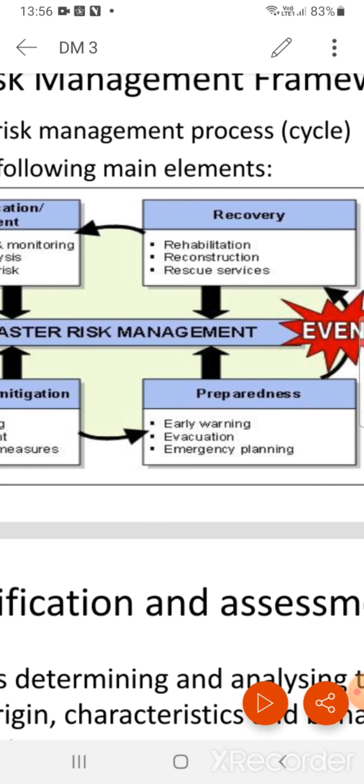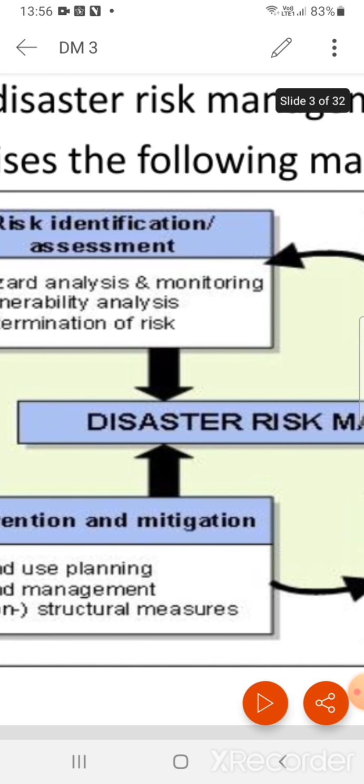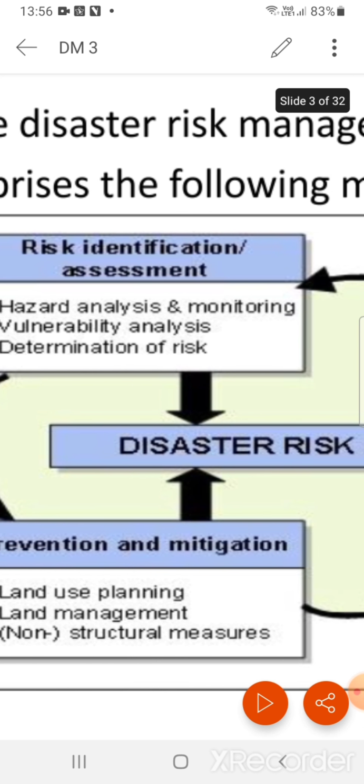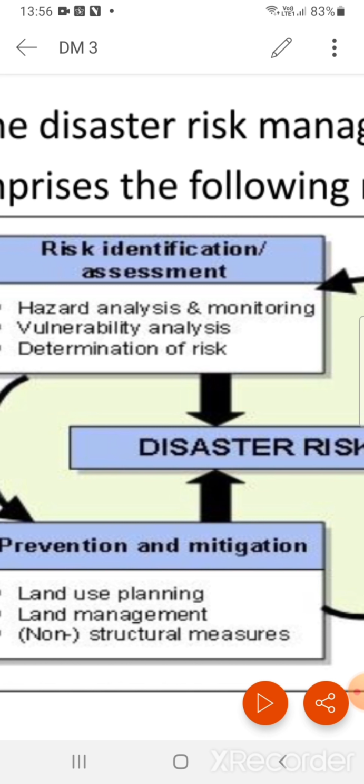Now, once we have recovered, what follows is the identification of further risks and assessment of the risk, which will include analysis of the hazard, monitoring the hazard, analysis of the vulnerability, and determination of the risk.